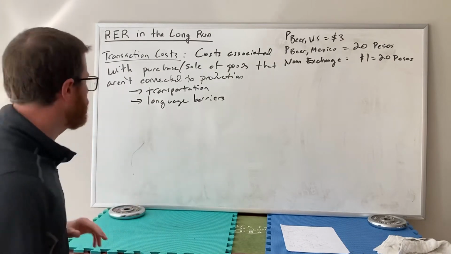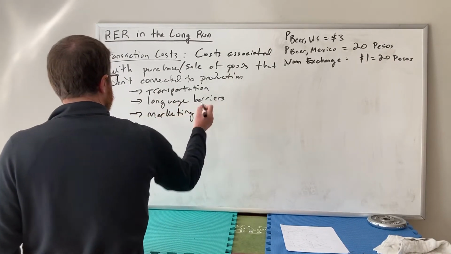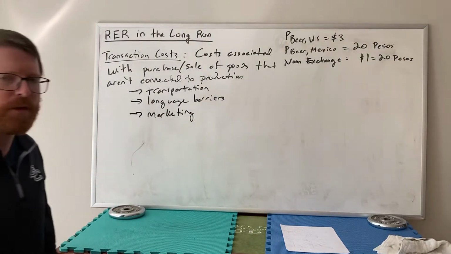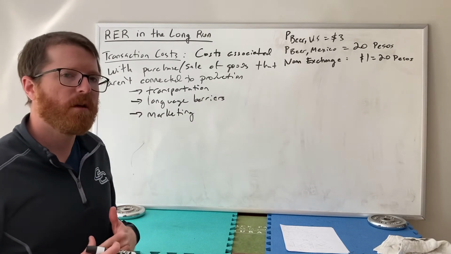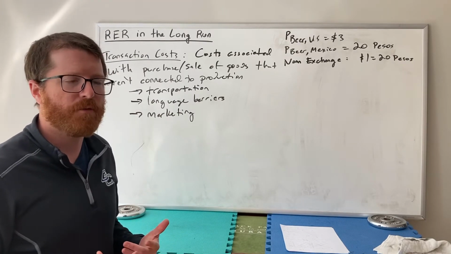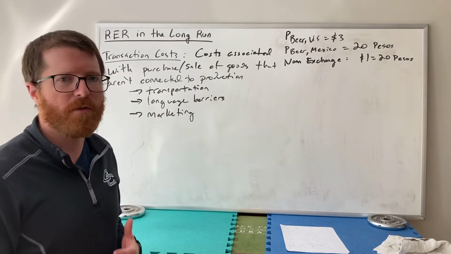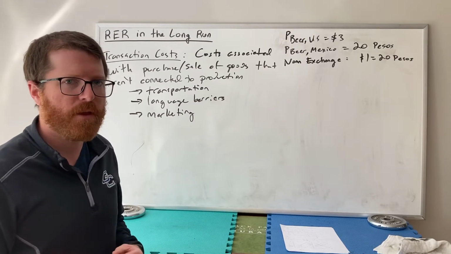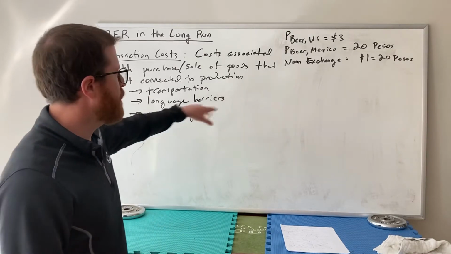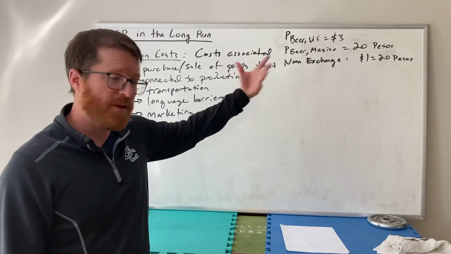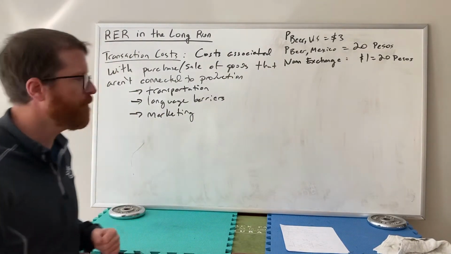There are other forms. So arguably something like marketing expenses could be a transaction cost. So for example, Amici might have a beer I really want to drink, but I need to know about that. So part of the transaction cost might be informing consumers of options that they have in terms of consumption. So in other words, maybe I would go to Mexico and buy a beer if I knew what the prices were there, and I need someone to market to me for me to figure that out.